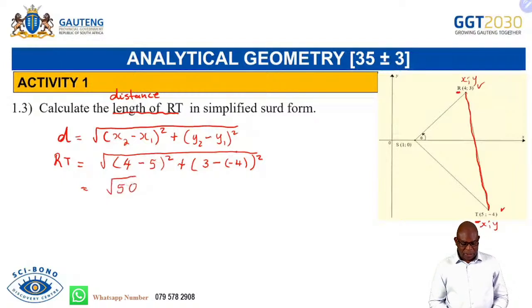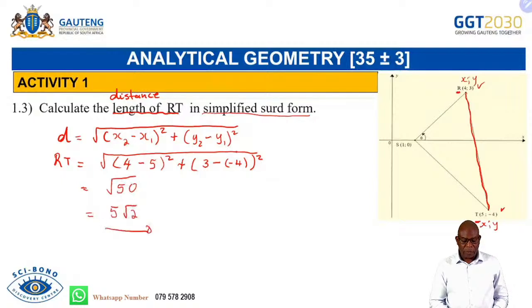And the question was in simplified surd form. It is very important that you read the instruction, because you might be penalized for that. Because if they say simplified surd form, it means your answer, square root of 50, is not in simplified surd form. If you want to find the simplified surd form, you go to your calculator and then you just press square root of 50, and the answer that you're going to get there will be 5 root 2.